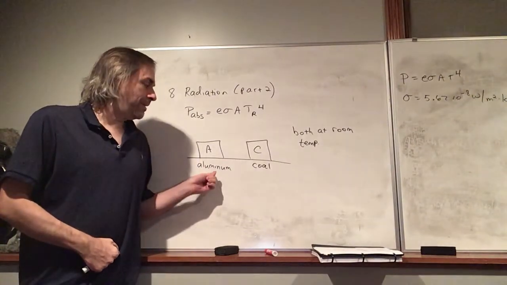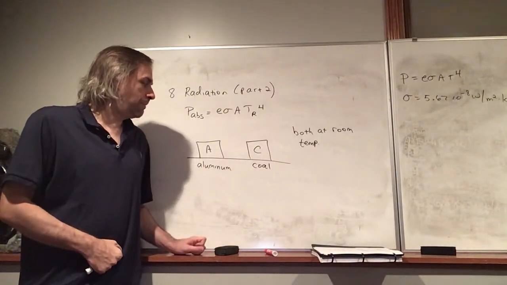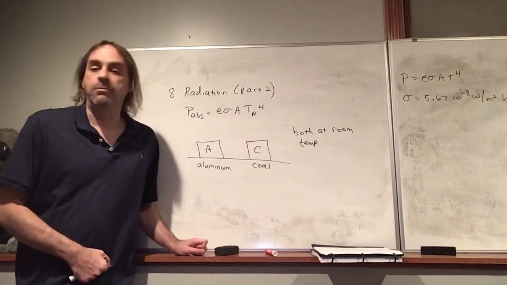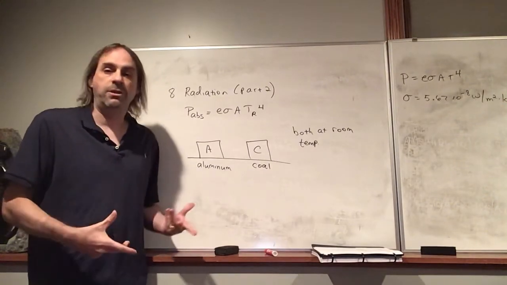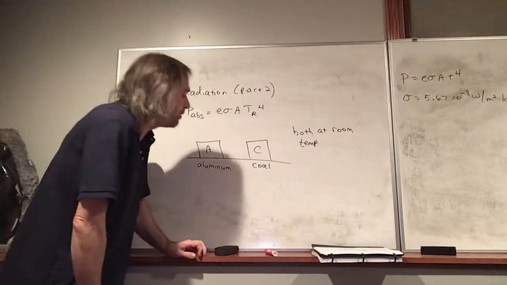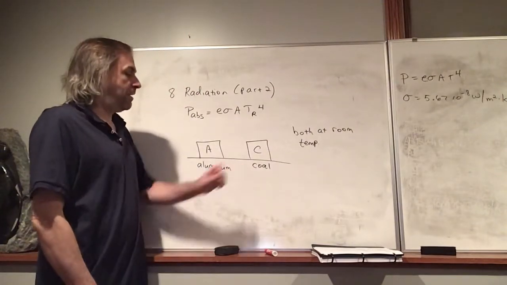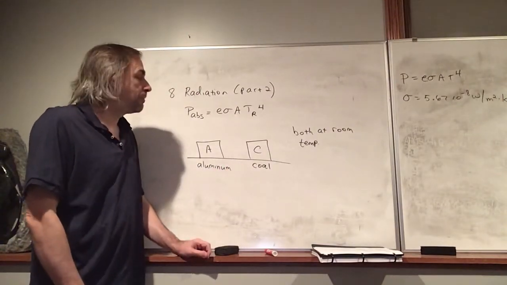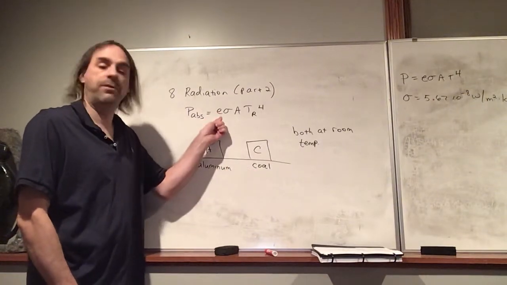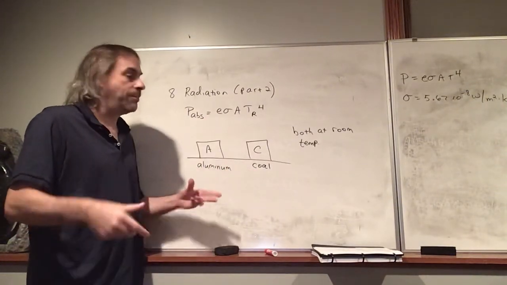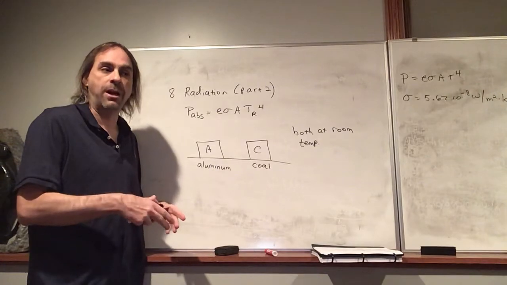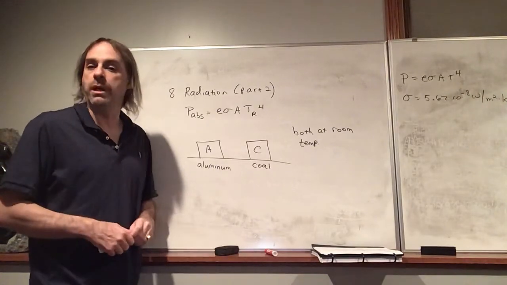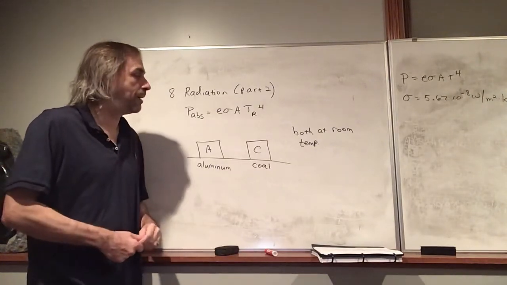Now, I think if you just ask people randomly, they'd probably say aluminum because it's shiny. You think it's giving off radiation. But actually the coal is radiating more energy because its emissivity is higher. So it absorbs more energy from its environment, which means it radiates more as well. So it can remain in equilibrium.